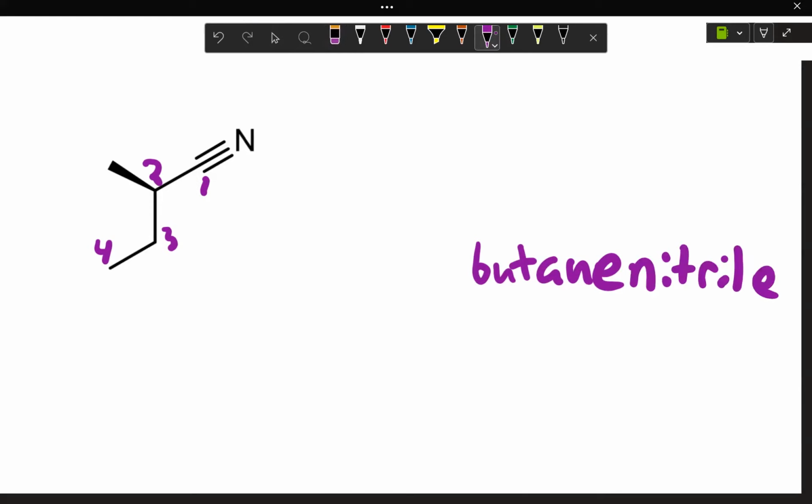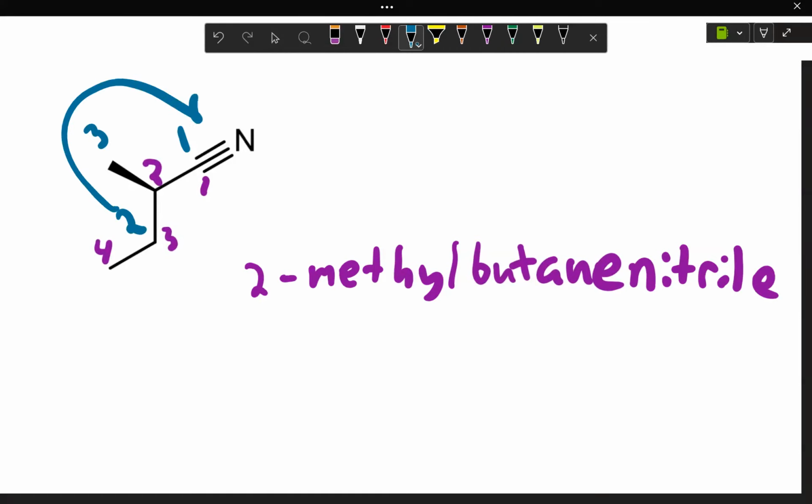So butanenitrile, and then we have a methyl group on carbon 2, so we have to include that in the name as well. And that's coming off of carbon 2. We have to determine R or S. So what's the numbering? Triple bond will get 1, methyl 2, and then methyl 3, 1 to 2 to 3.